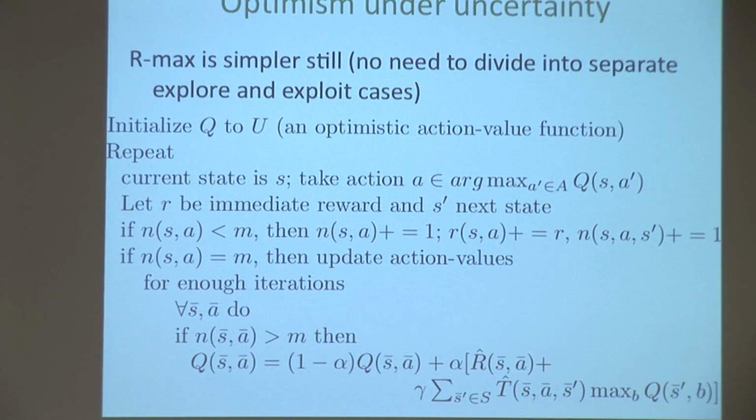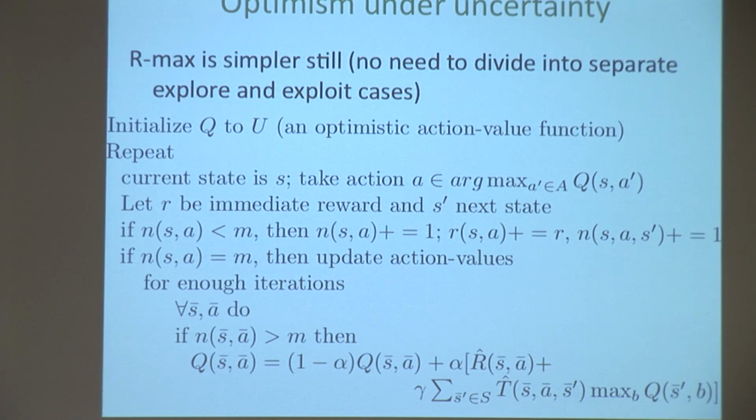So it's a really straightforward idea. I am bouncing around the world. I'm going to behave greedily. I'm keeping a counter for every state action pair. Every time that state action pair's counter is more than M, I update its value using my latest model.